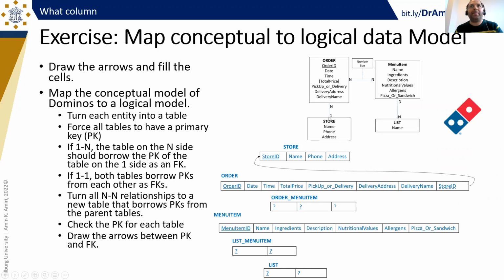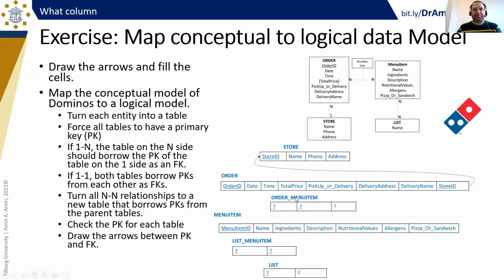So you see that I borrowed the store ID and I put it here. And I need to do that again for others. Whenever we have a many-to-many relationship, we are going to have a new relation, order menu item, and it gets IDs from both parts.